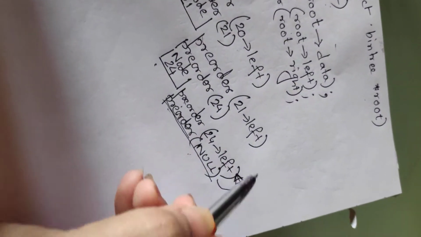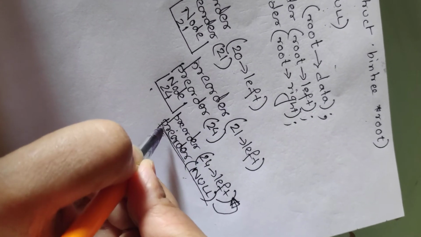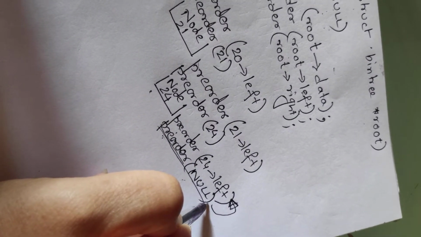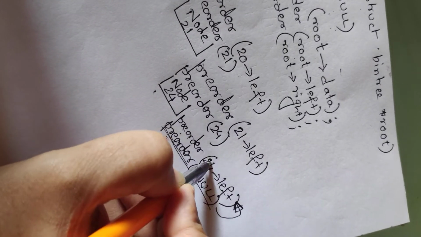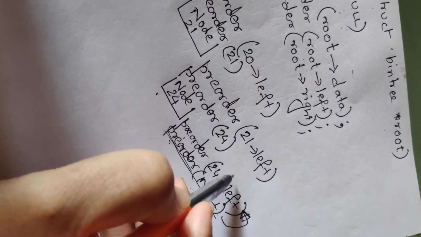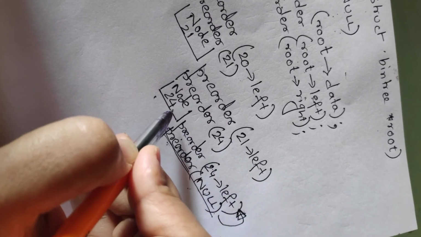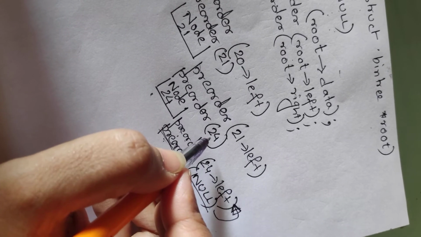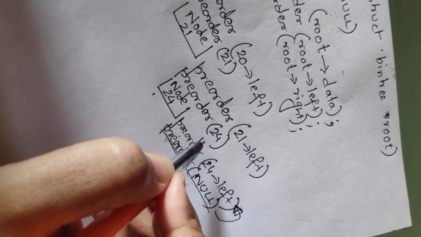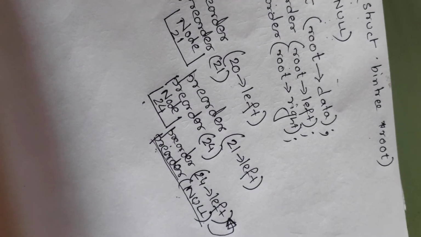Again I will repeat. When you called preorder null, you called it at the point where you called preorder 24 left. So once you are done with this preorder 24 left, according to the rule of execution of programs, the program control comes back to the point of calling.